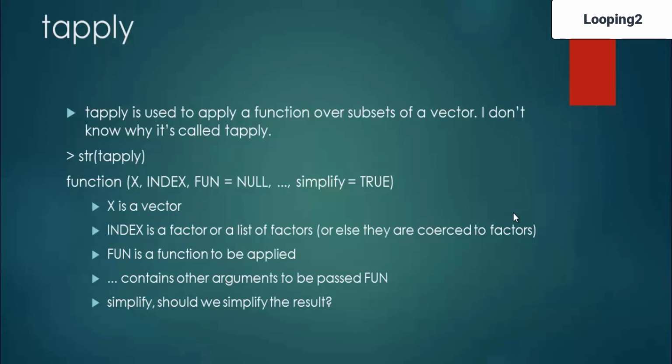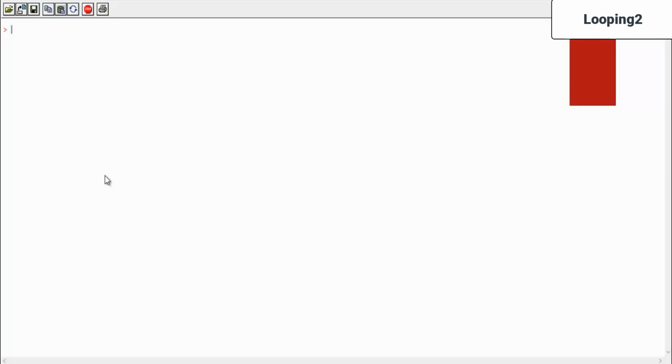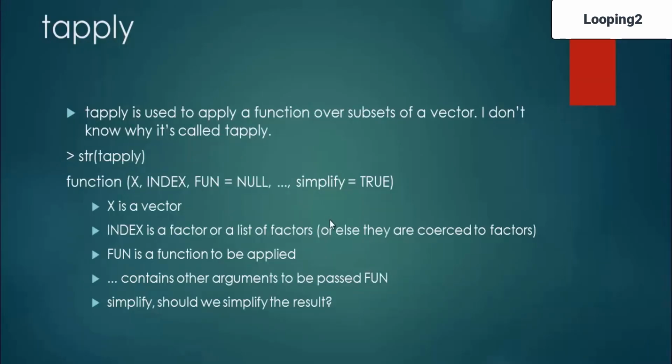When we see the function structure of tapply, using str of tapply, you'll have x, index, fun, ellipsis, simplify equal to TRUE. So what is this actually? x is the vector that is being passed in.